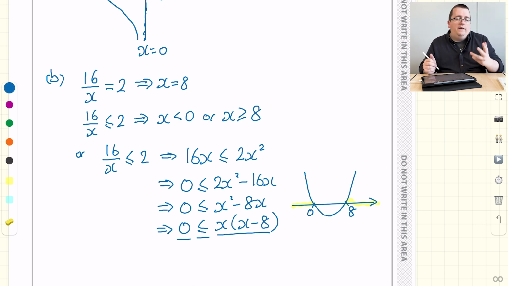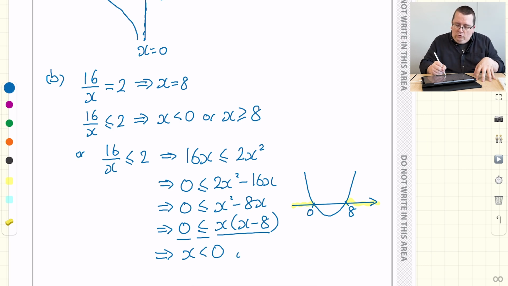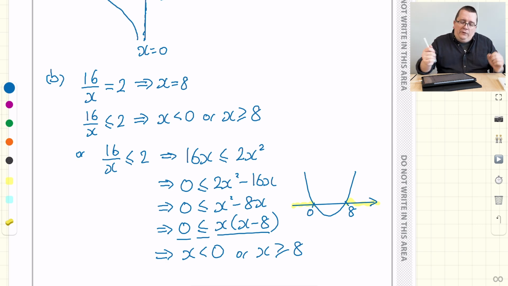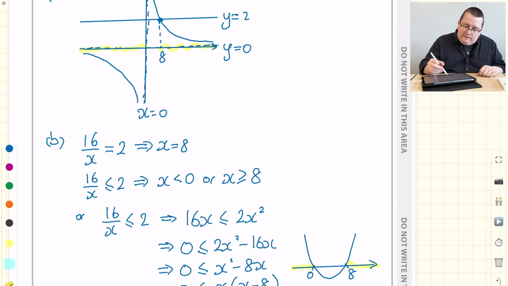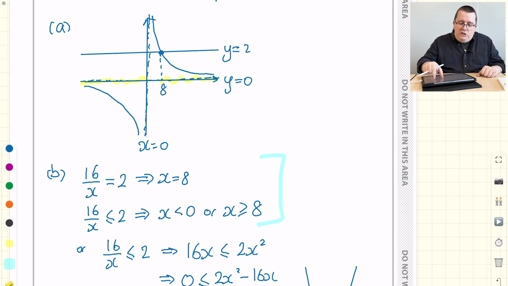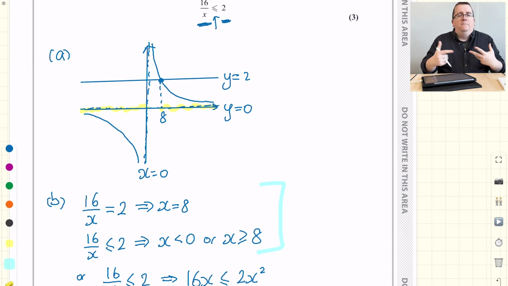Now, because you can't have x being equal to 0, that implies that x is less than 0 only and not equal to 0, or the other region, x is greater than or equal to 8, which is the answer that we got before. Personally, I think it's better to go about it this way, because then you're using the graph that you've got, and then you can visualize where the inequality is coming from.